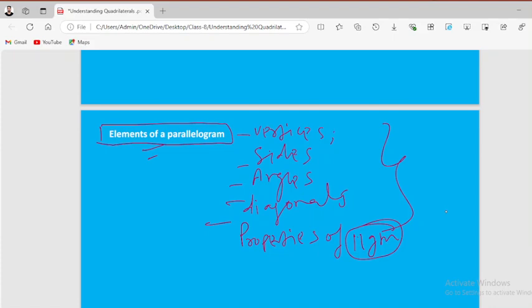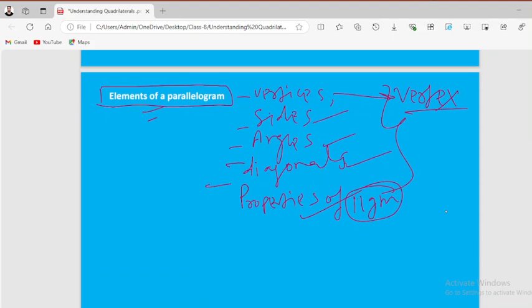Vertices is the plural form of vertex. Sides, angles, diagonals, and properties of the parallelogram. Now suppose this is a parallelogram PQRS.